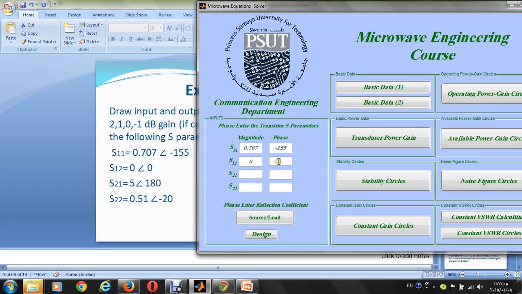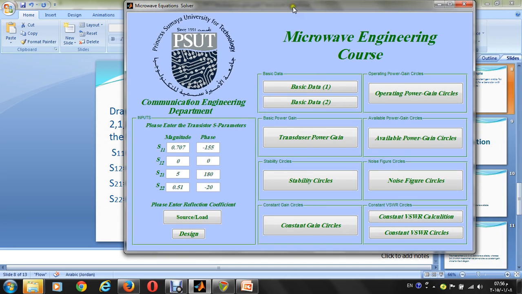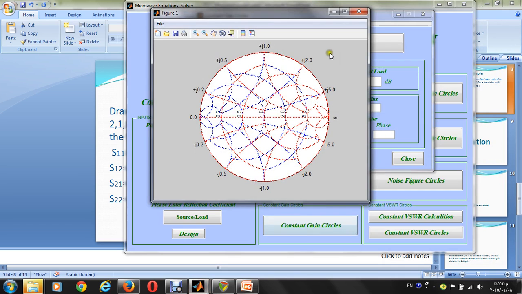Okay, 0, 0. Here is 5, 180, and 0.51, minus 20. Okay, I filled the blocks. Now I take a look. I see that the constant gain circles are in here. I click here. I don't need the plane.